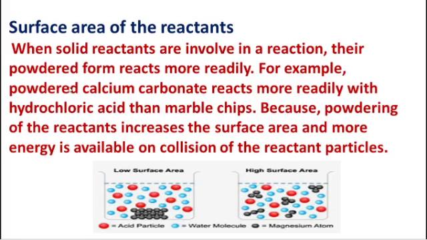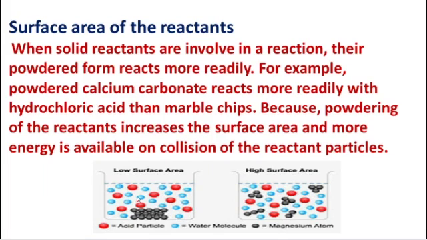For example, powdered calcium carbonate reacts more readily with hydrochloric acid than marble chips, because powdering of the reactants increases the surface area and more energy is available on collisions of the reactant particles.